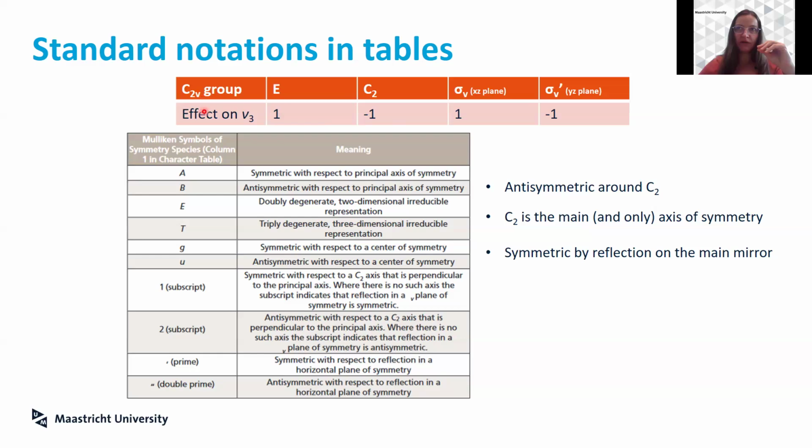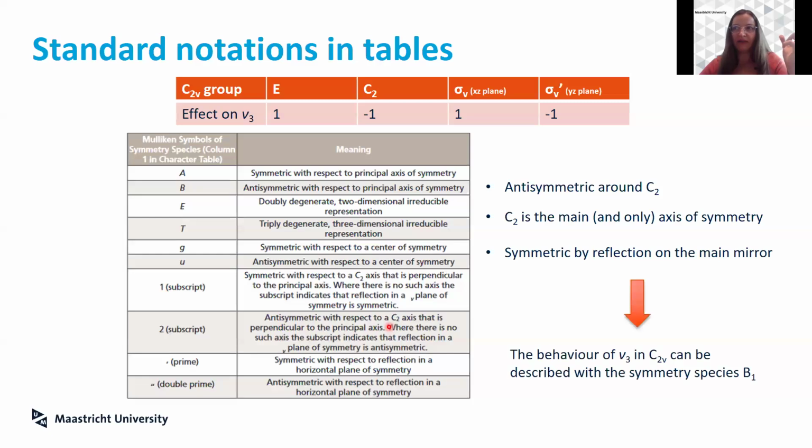So if you look at these pieces, antisymmetric with respect to the principal axis, symmetric with respect to the mirror, you end up with a species that will be named B1.